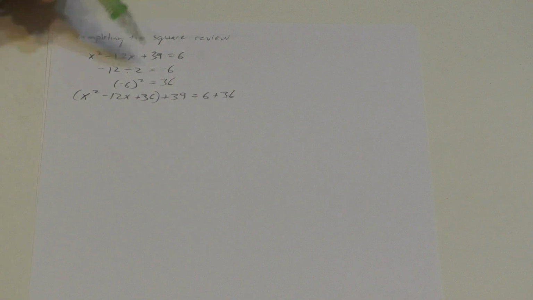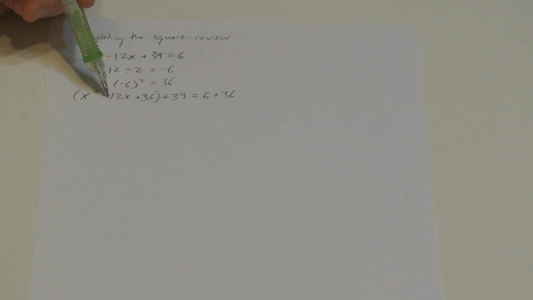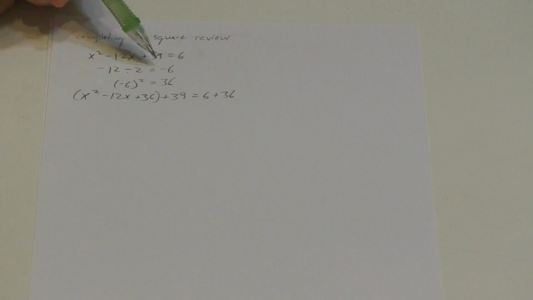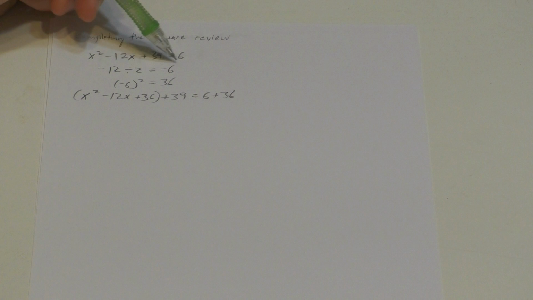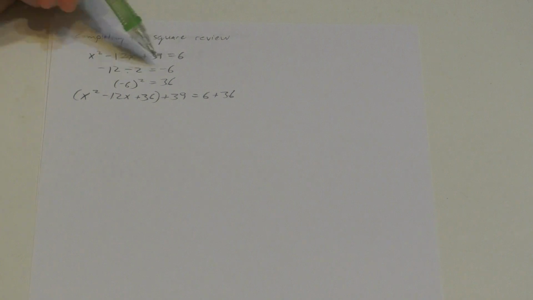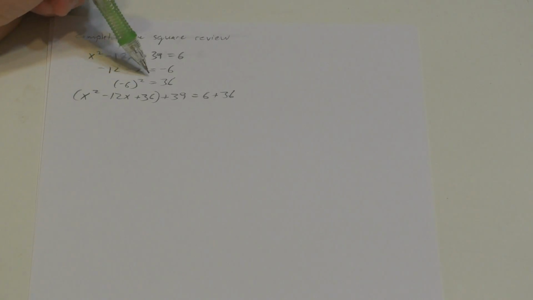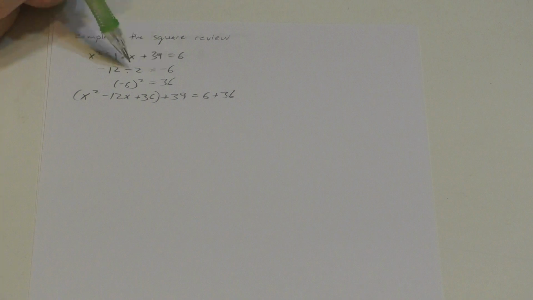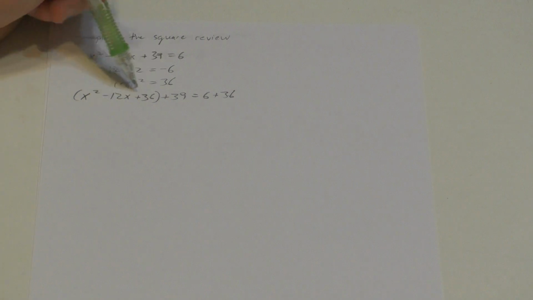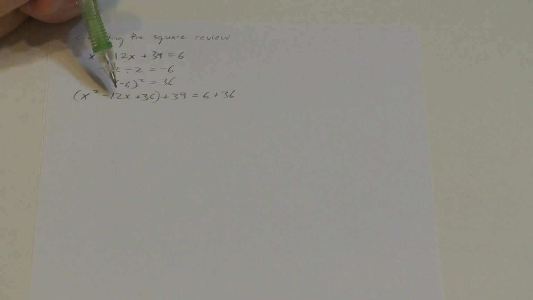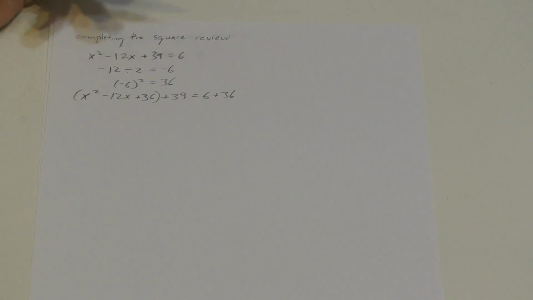Here's another trick to this. This part will always factor to this factor right here, this negative 6, or whatever you got when you divided it by 2. That's the whole trick to this, is that this nice relationship when you divide by 2 and then square always works when you factor. But anyway, multiplies to get 36, adds to get negative 12.